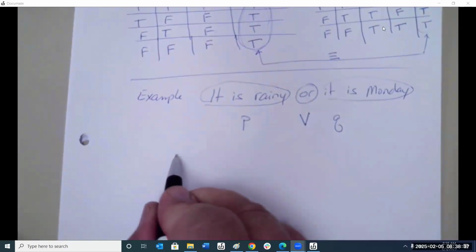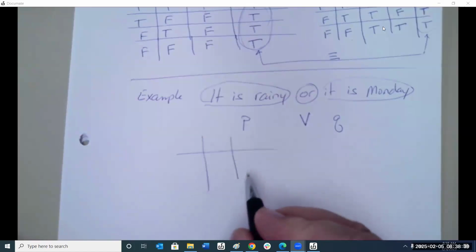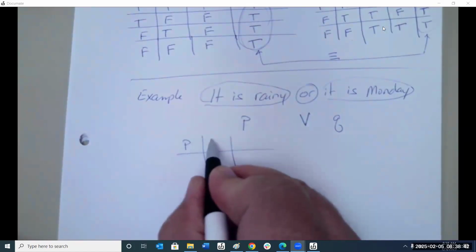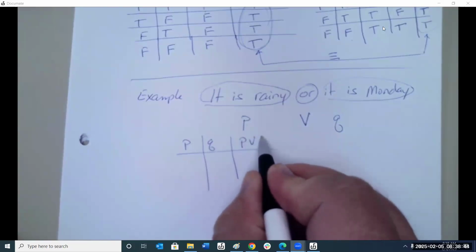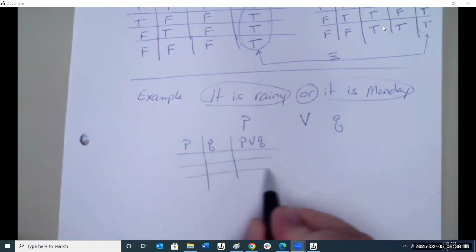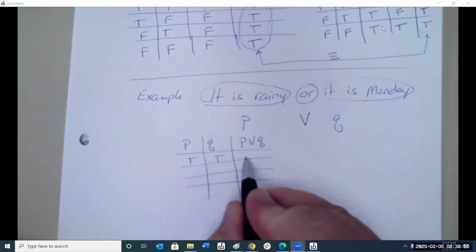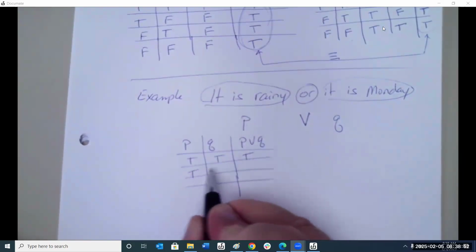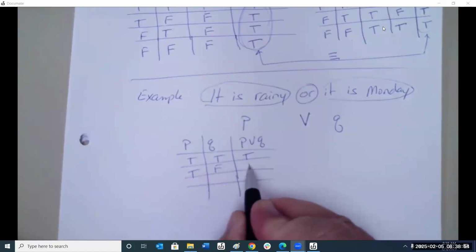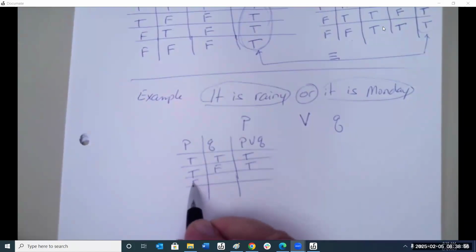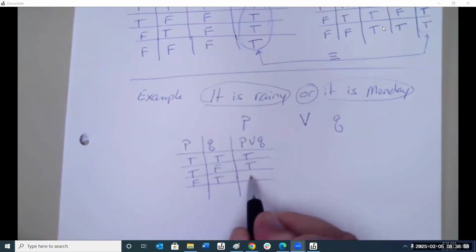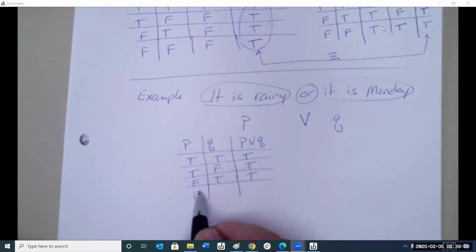So from here, I put it together. So true, true, true or true is true. True, false, true or false is true. False, true, false or true is true.